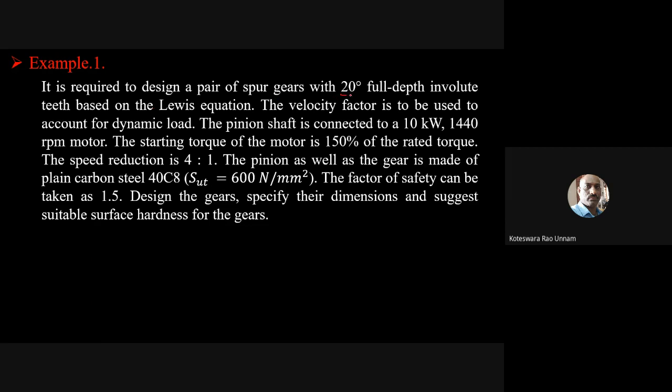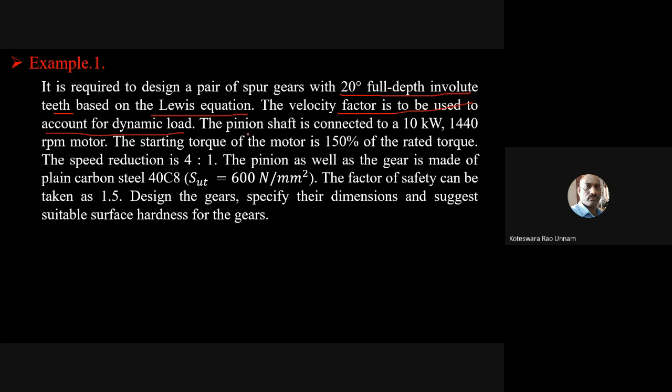This is the type of tooth used, and the design should be based on the Lewis equation. Lewis equation means your design should be based on beam strength. Then the velocity factor is to be used to account for the dynamic load. That statement is also given in the problem.